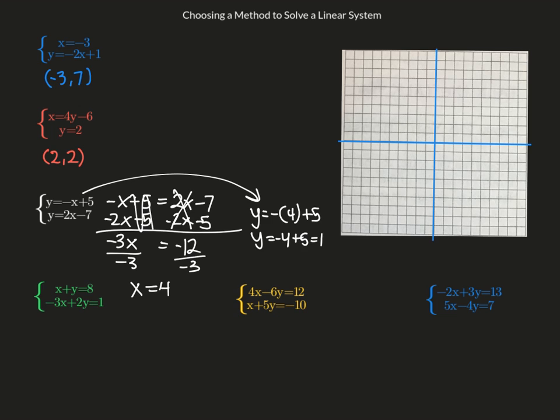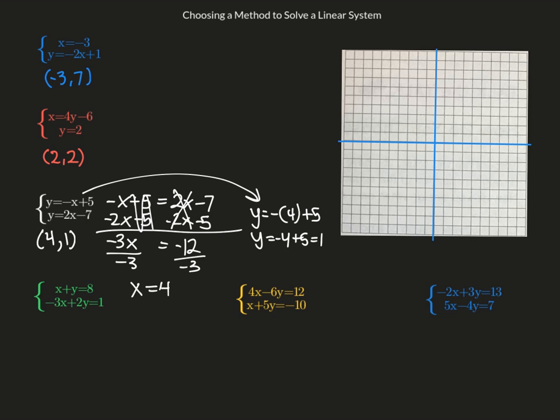So my solution is right 4 and up 1, which is what I saw on the graph a moment ago. So I write it as an ordered pair, 4, 1, and then check it in the other equation. 2 times 4 is 8, and 8 minus 7, that is the y value of 1.